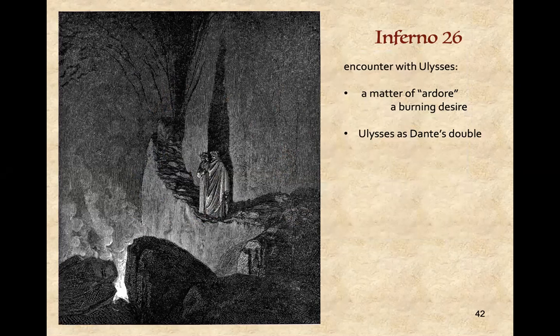However, in the Middle Ages, the Odyssey was lost to Europeans. Dante had no access to that text. And he, of course, had heard about Ulysses and the siege of Troy and the war between the Trojans and the Greeks through other sources, in particular, of course, through Virgil's Aeneid.